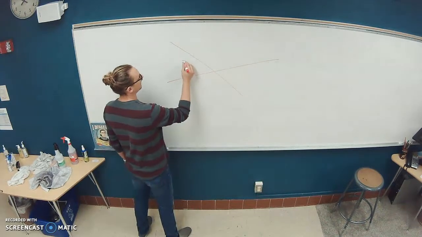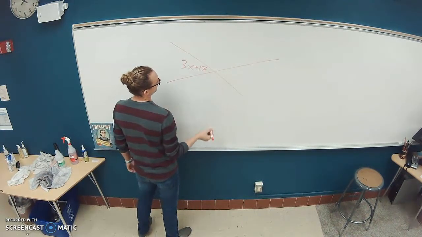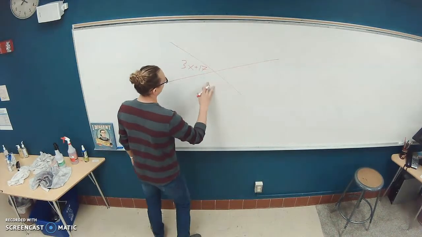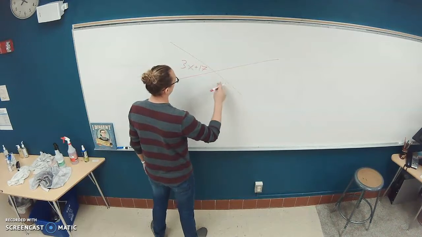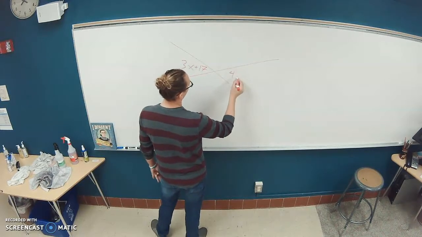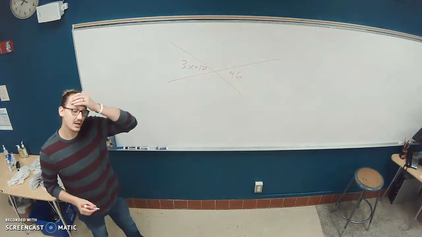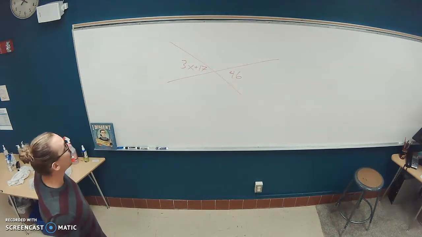If I say that this is 3x plus 17, and let's make this angle over here like a 46. Okay, let's stare at those two angles. Okay, what do I know about them?